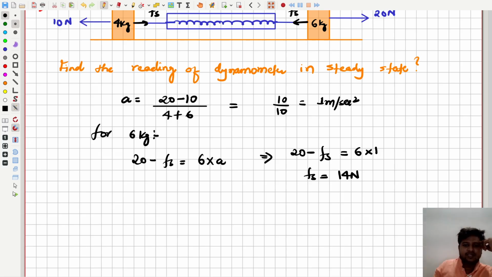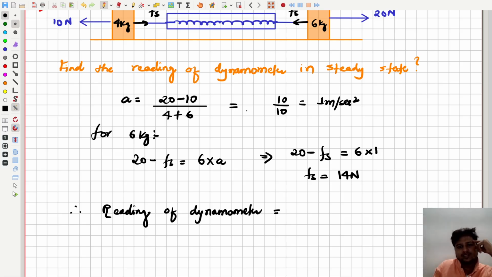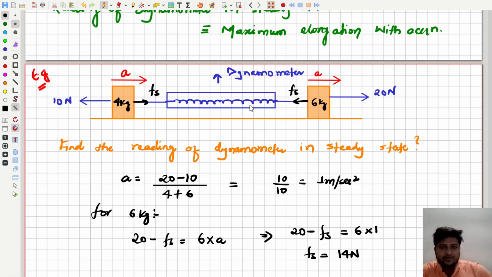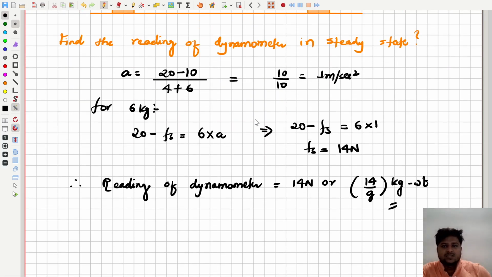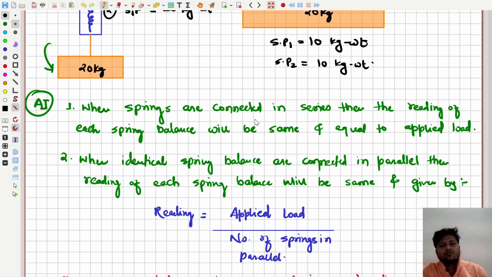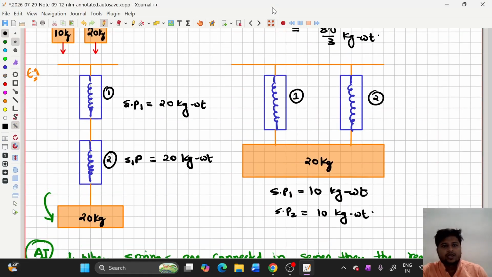So if the options are given in Newton, you will write that reading of dynamometer is equal to either 14 Newton or 14 by g kg weight. Both are correct answers. Reply me everyone, yes or no? Is this clear? Saruchi, clear or not clear?